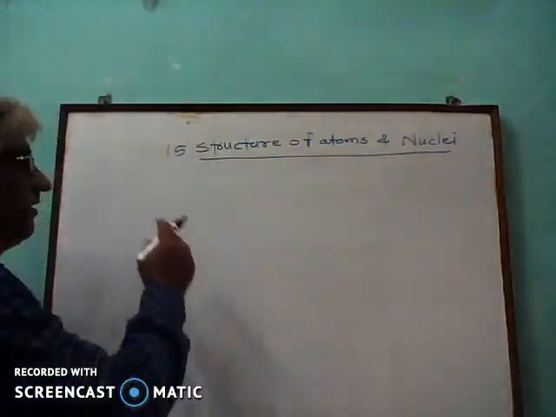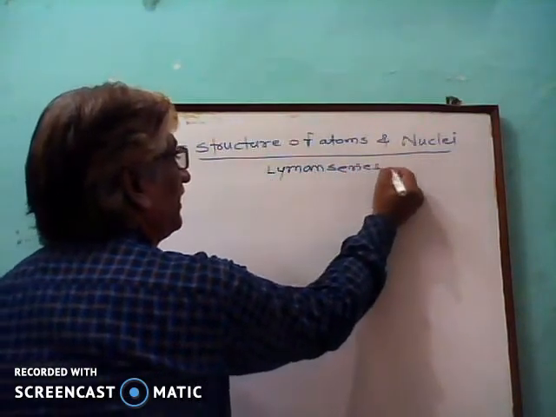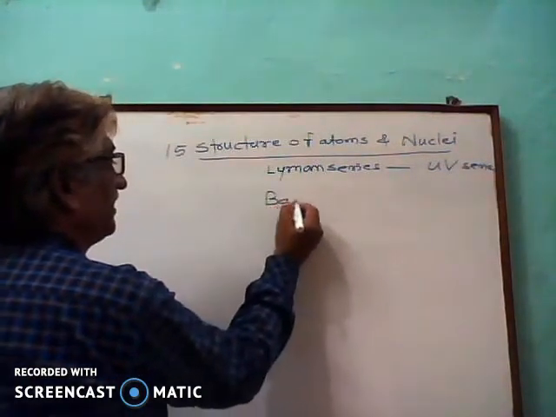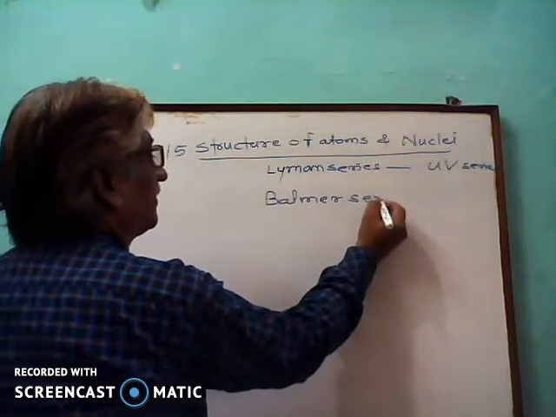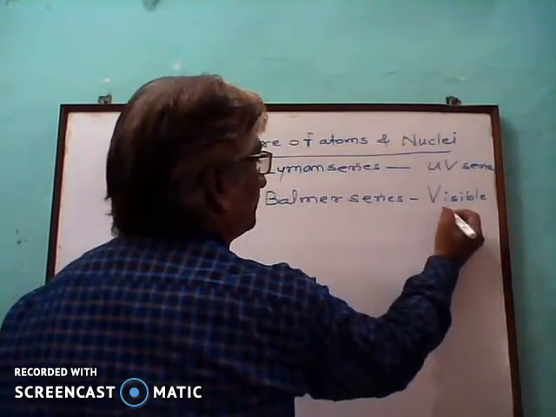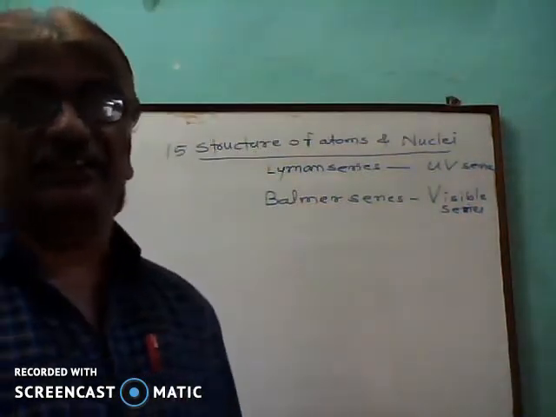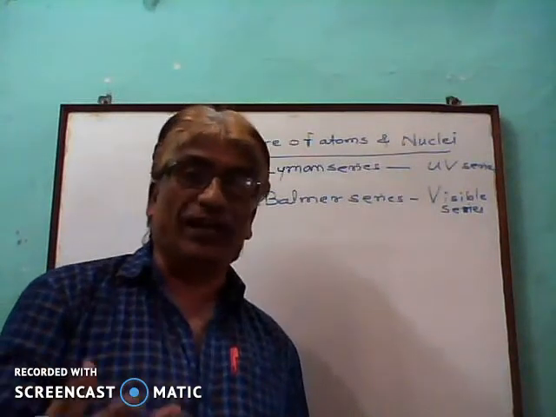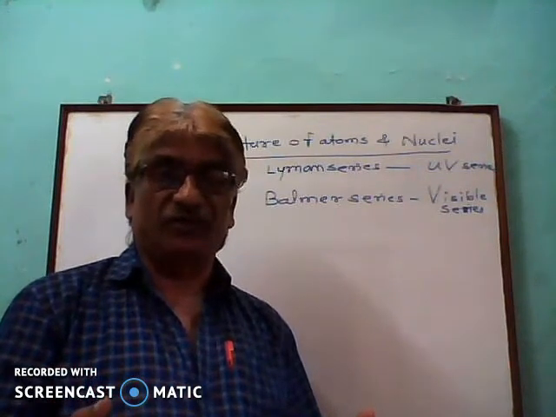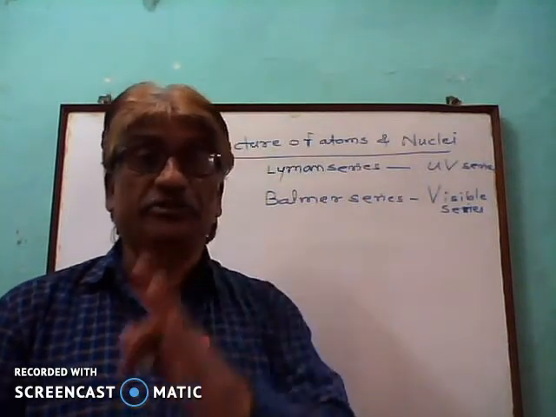The Balmer series is visible, and we see that spectrum, which consists of red light, green light, blue light, violet light, having wavelengths which can be seen. So the Balmer series is a visible series.